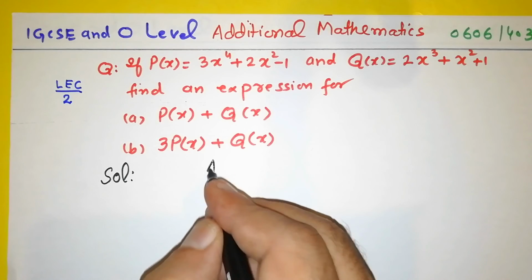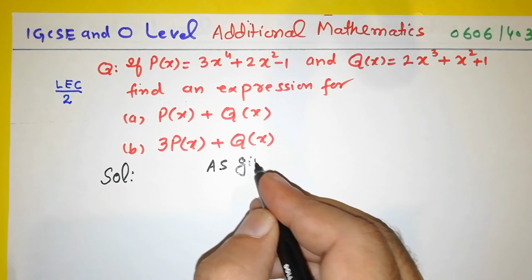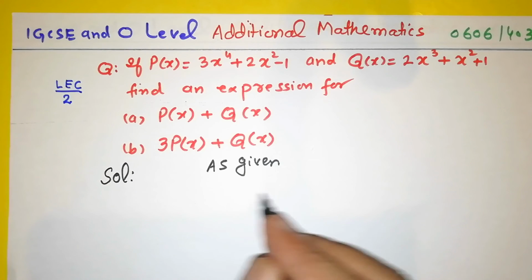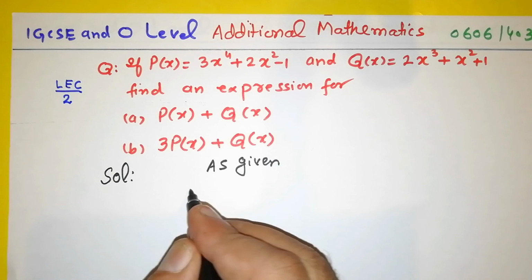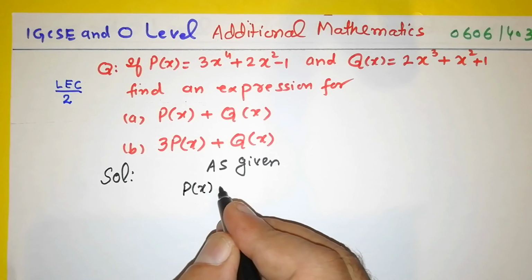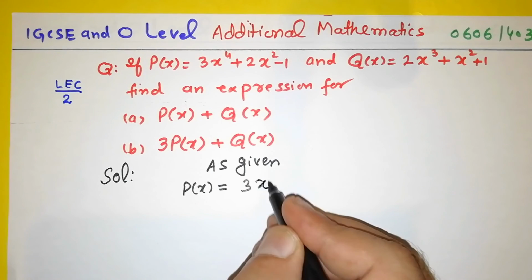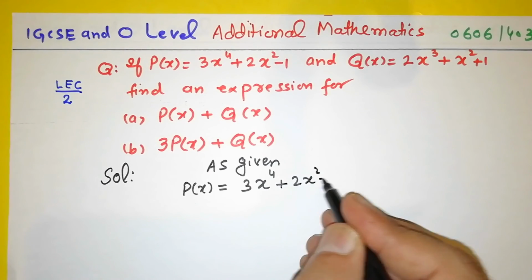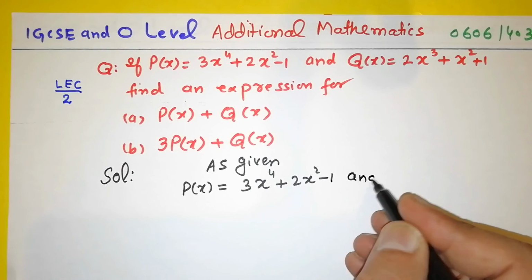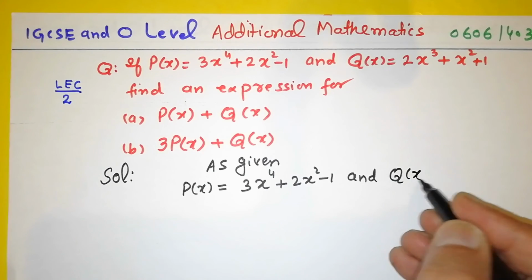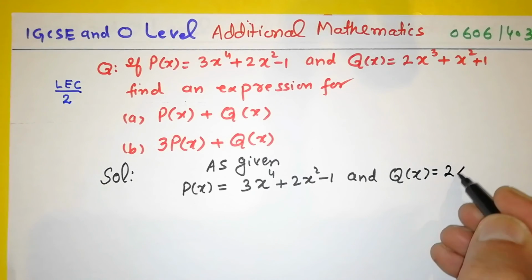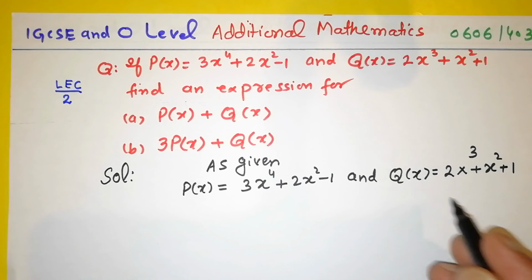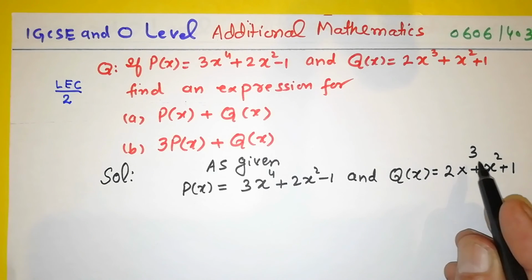okay, we write here as given, we have, this is our polynomial p(x). Remember, the degree of this polynomial is 4: 3x^4 plus 2x^2 minus 1, and q(x) is equal to 2x^3 plus x^2 plus 1, and the degree of this polynomial q(x) is 3.